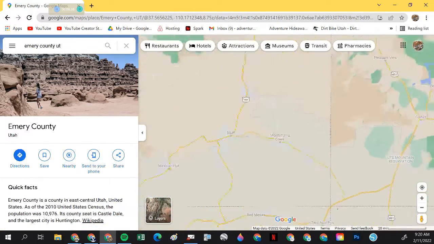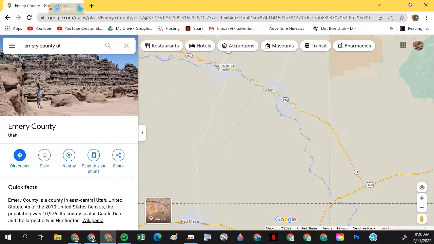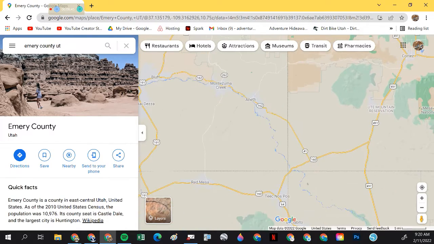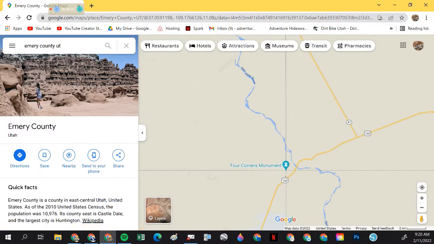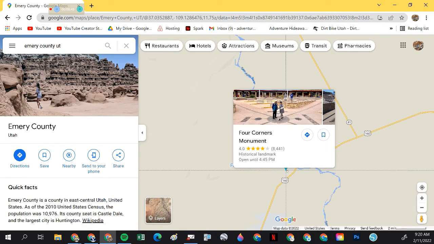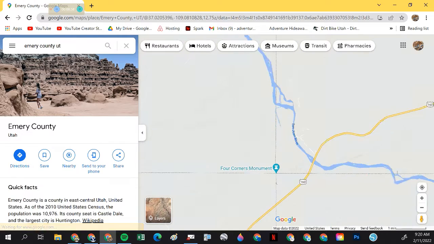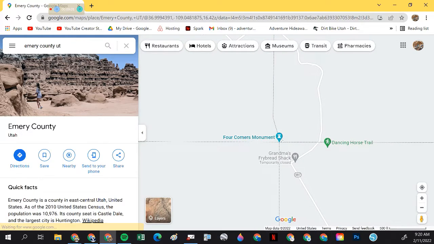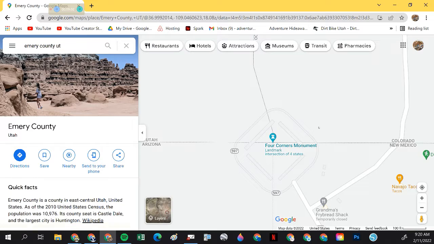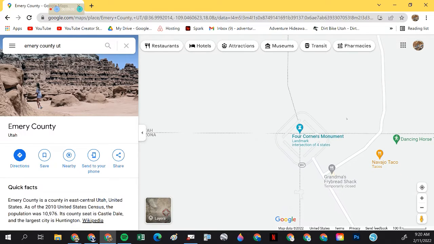Another interesting thing, have you guys ever been right here? Four Corners? Yes. Is it actually at the intersection of those? It is. But you're right, Easton. It is a little bit weird, so let's zoom in. What do you notice?